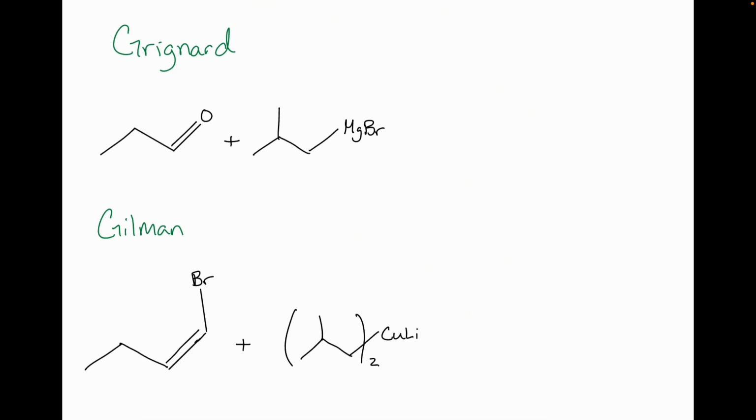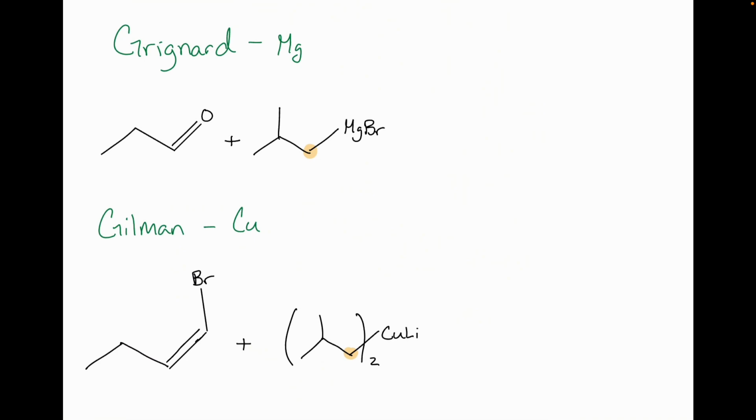Okay, so both of these reagents have these metals attached to them. For the Grignard, you got a magnesium. For the Gilman, it's a copper. In both of these reactions, you're forming new carbon-carbon bonds. And the carbon that you're going to be forming a new bond with is going to be at the base of that metal for both of these reagents.